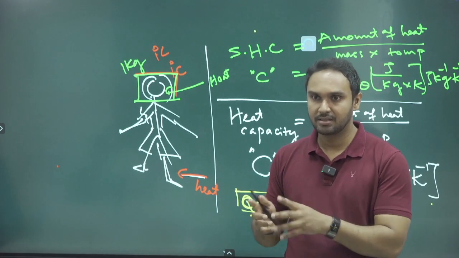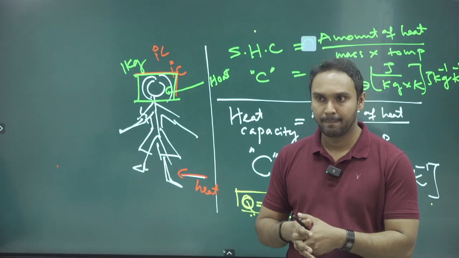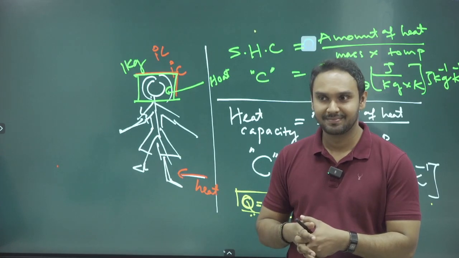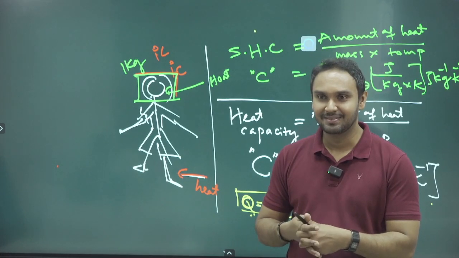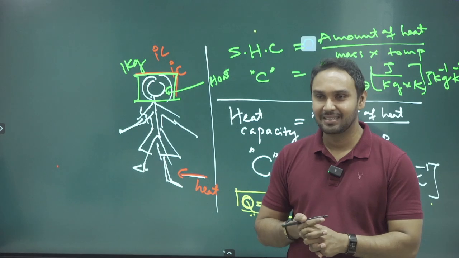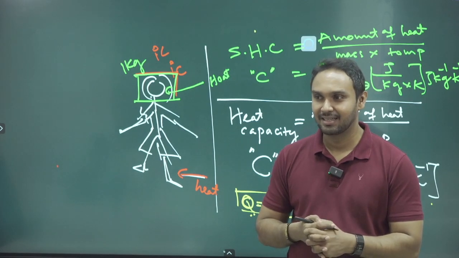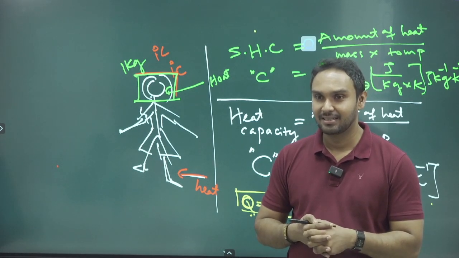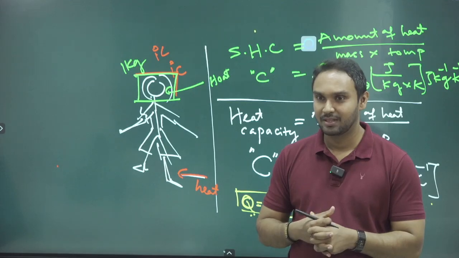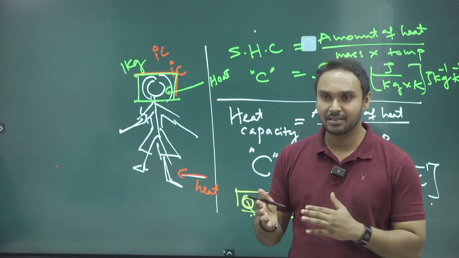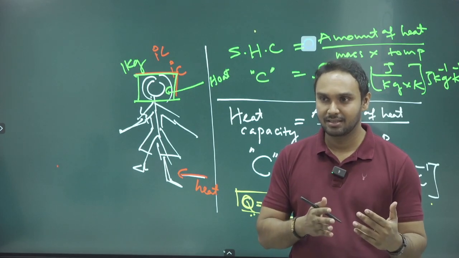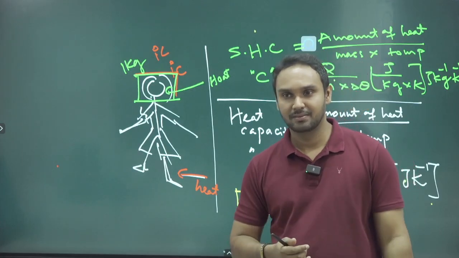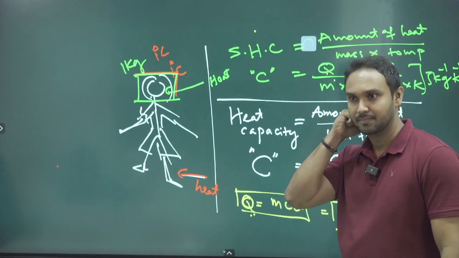So do you see a relationship there? Don't tell, it's beautiful. There is a mathematical relationship between specific heat capacity and heat capacity. What is the mathematical relationship there?